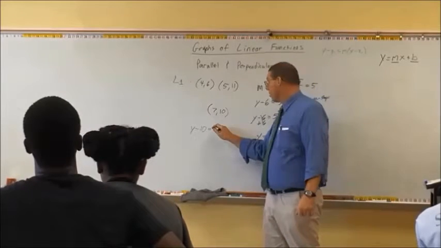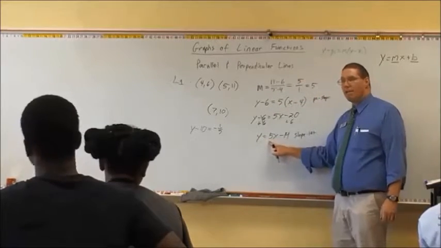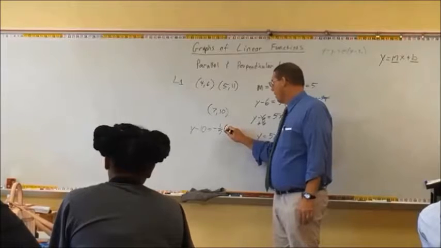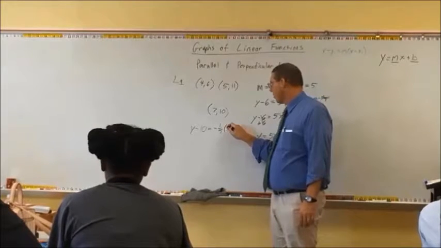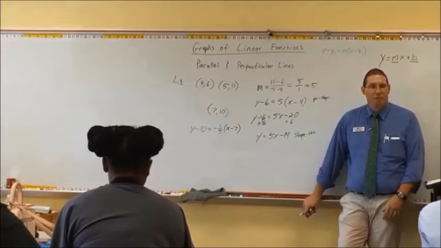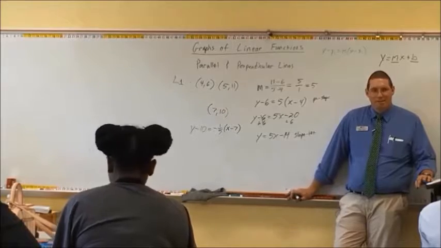Negative 1/5, right? Because it's the negative reciprocal of this one. This has a slope of 5. The negative reciprocal of 5 is negative 1/5. And then x minus 7. There we go. There's the equation of a line that is perpendicular and passes through the point (7, 10). You okay, Abby? Okay.